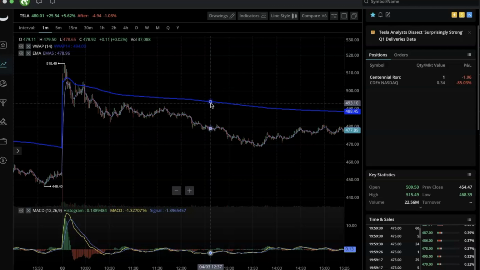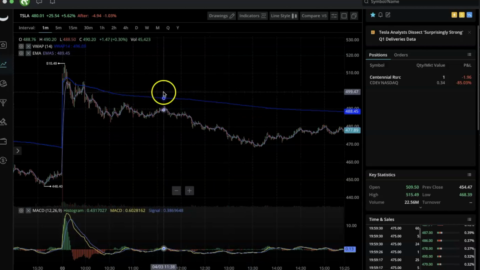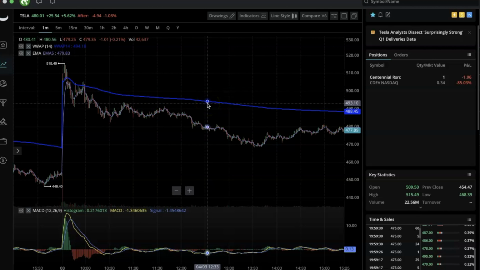But basically, the VWAP indicator, if you don't know what it is, stands for the volume weighted average price. And what that means is this line here, this blue line here on my Webull app, shows you the average price of the stock you're looking at that has been sold and bought all day long.